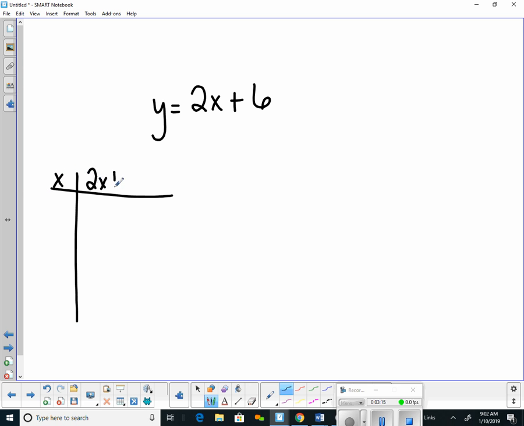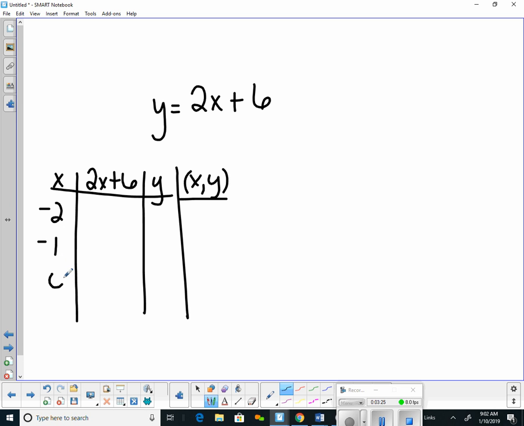We've got our equation, we've got our y, and we have our ordered pair. We could plug in 5 numbers: negative 2, negative 1, 0, 1, and 2, and solve that. This is negative 4, so that makes that a positive 2. I could finish this table out, plot my points, and graph that line.